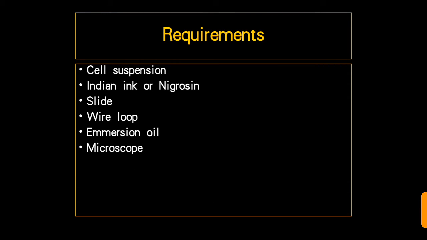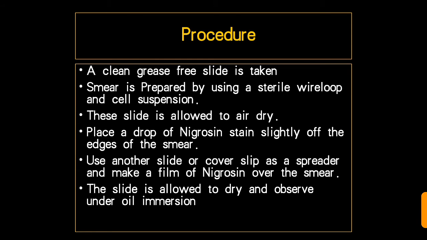How are we going to perform negative staining? We require a clean, grease-free slide, and onto that slide we prepare a thin smear of a bacterial suspension with the help of a wire loop, and air dry that smear.